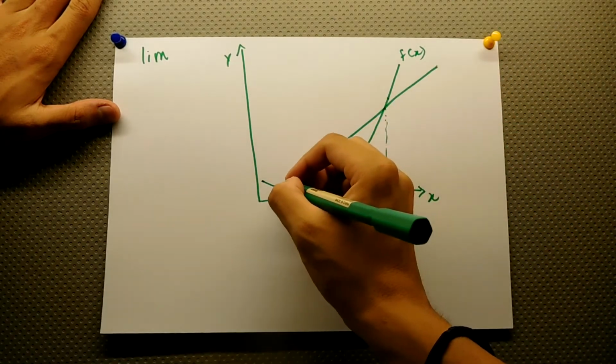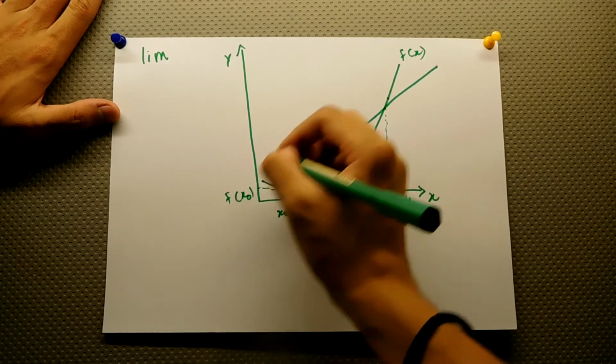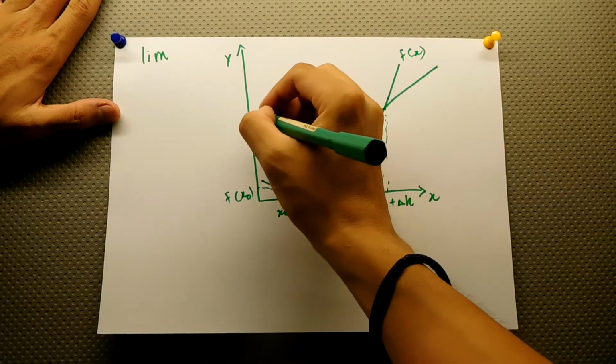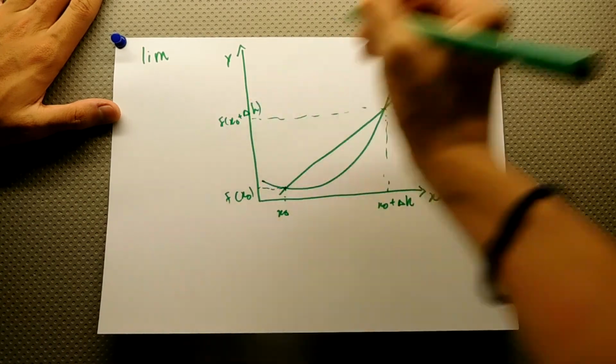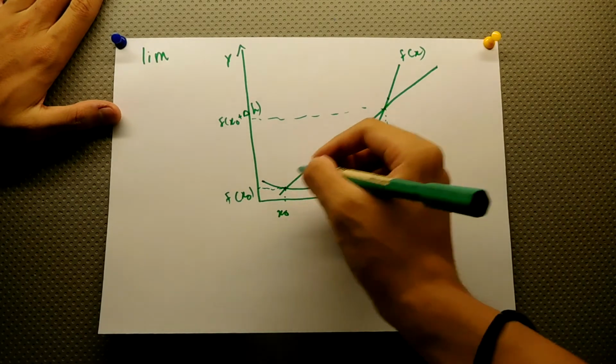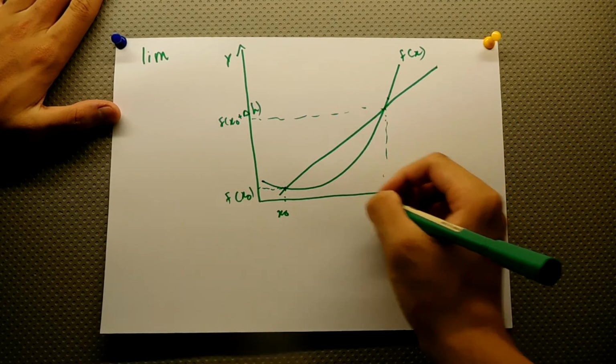We're going to have this corresponding value of f(x0) and this corresponding value of f(x0 plus delta h). Let us draw another line, but this time delta h will be smaller.